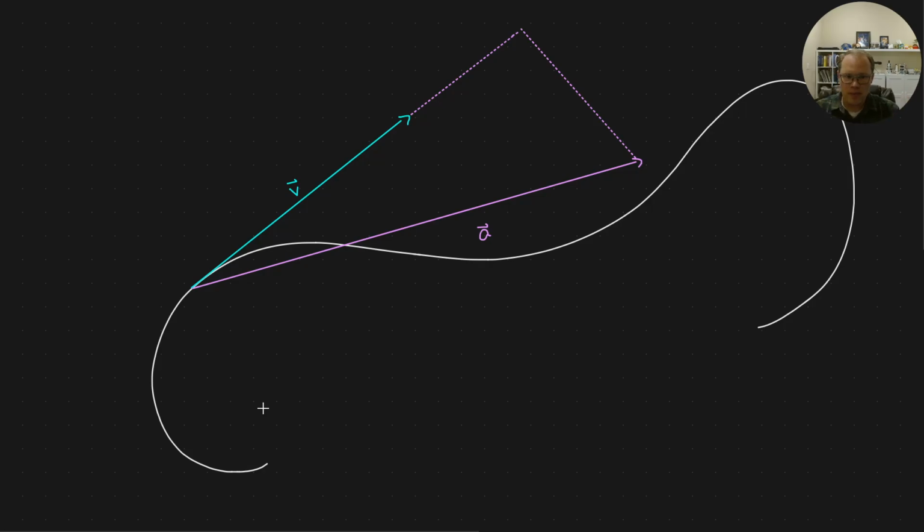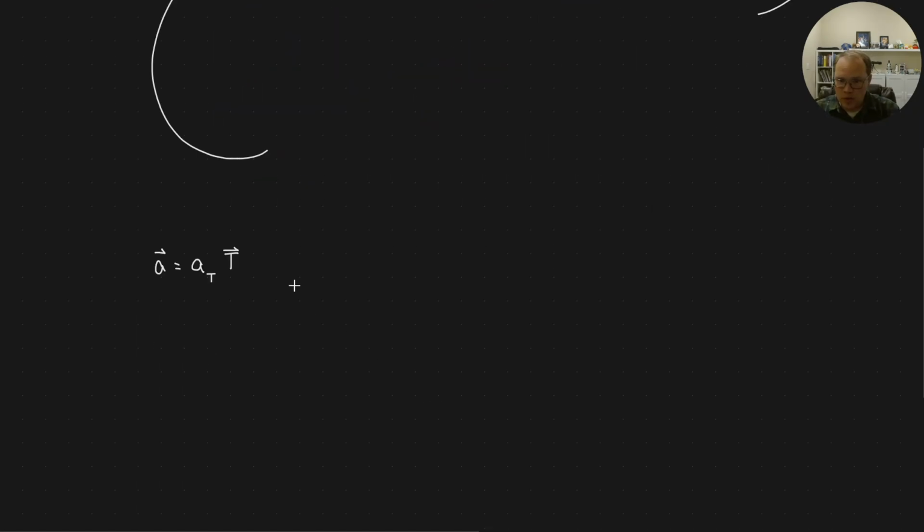And then there's this other component that's orthogonal to the curve, going in the same direction as the unit normal vector. We call that component of the acceleration a sub n. The tangential component communicates the change in speed, and the normal component of acceleration is the change in direction.